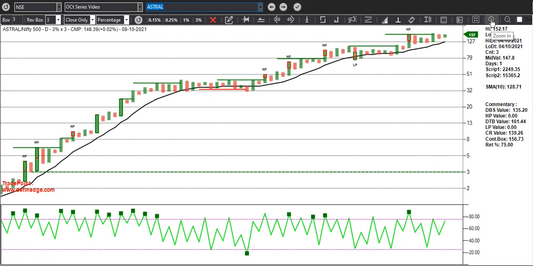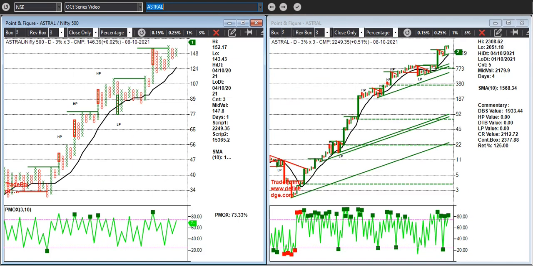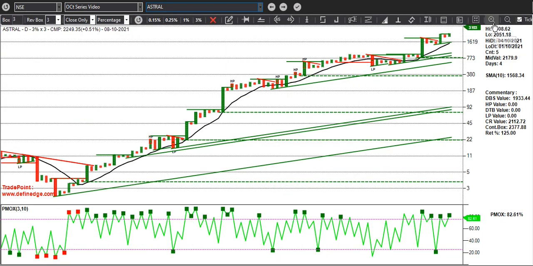Yeah. So relative strength is also good. It's above SMA, and it might give us a double top buy. And Astral's double top buy is already triggered.